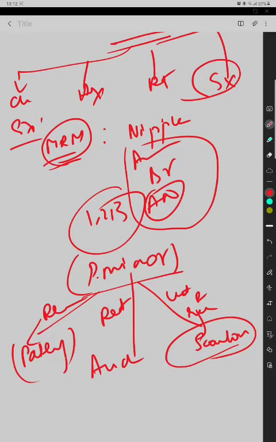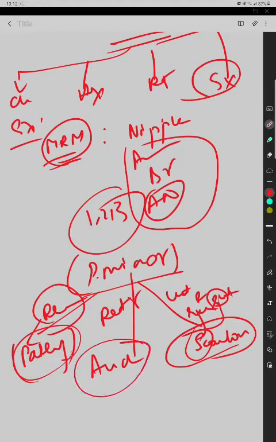Scanlon is the oldest, cut and resuture. So Patey is for removing, retract is for Auchincloss, remember Auchincloss is the first year PG, and cut and resuture is for Scanlon.